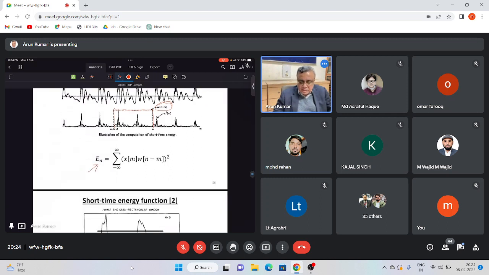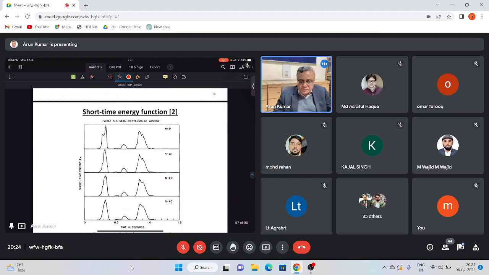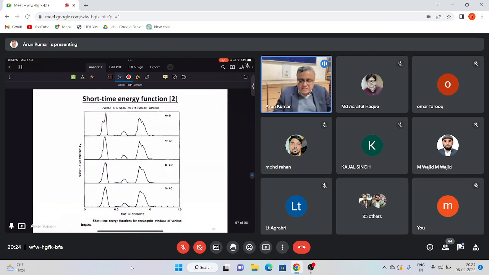Now this becomes relevant in the case of speech, because as we have seen, the energy changes depending on the kind of utterance. So here we have the sentence, "what she said," and we compute the short time energy using a rectangular window as shown in the previous slide, but with varying length n equal to 51, 101, 201, and 401.